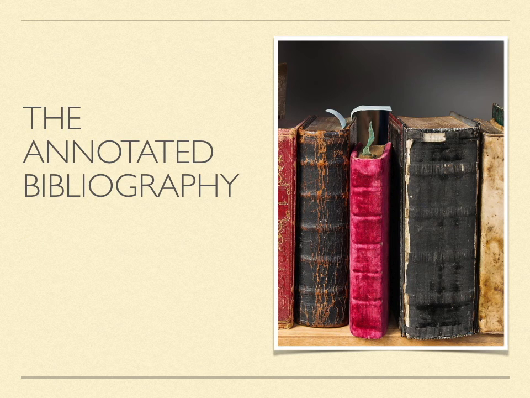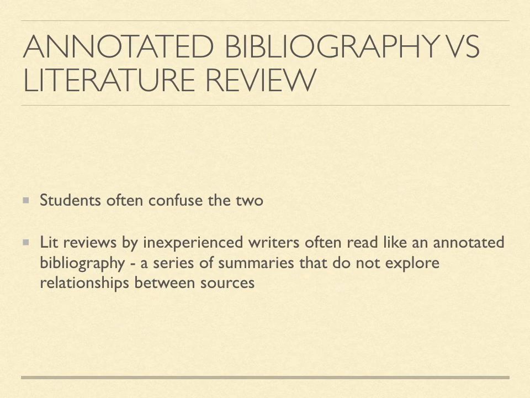The annotated bibliography. Literature reviews and annotated bibliographies often go together, and students often mistake the literature review for an annotated bibliography. Inexperienced students will often write the literature review as a series of summaries, without pulling out key relationships and disputes between the sources.